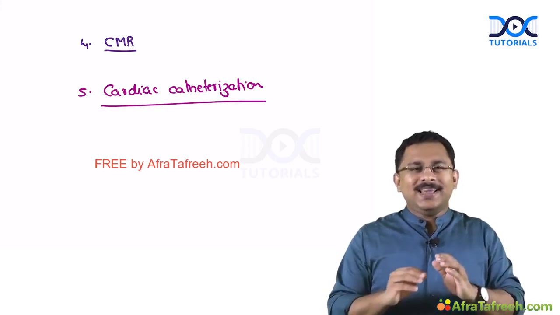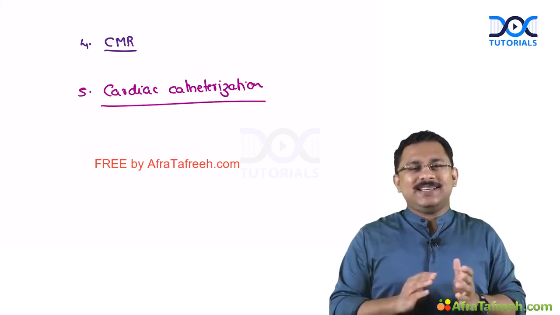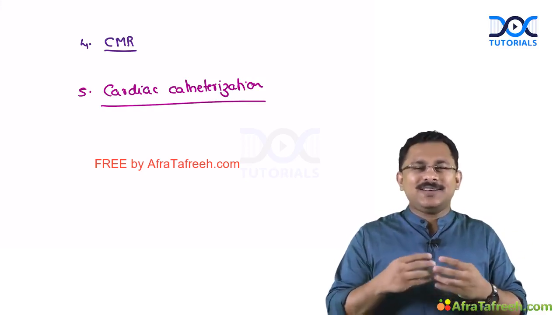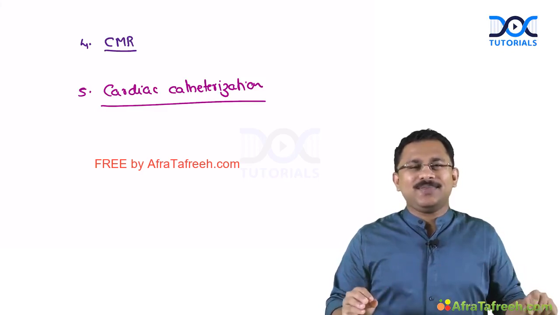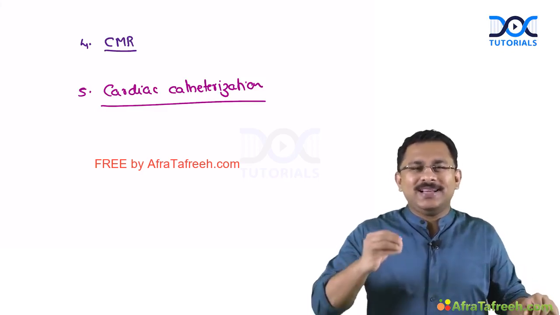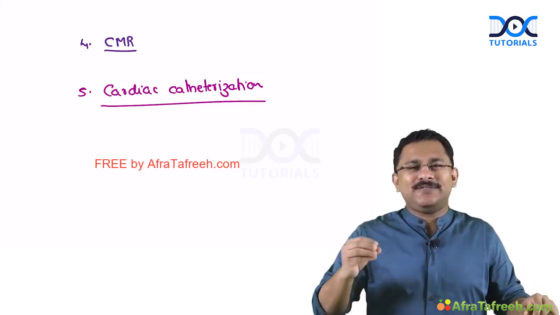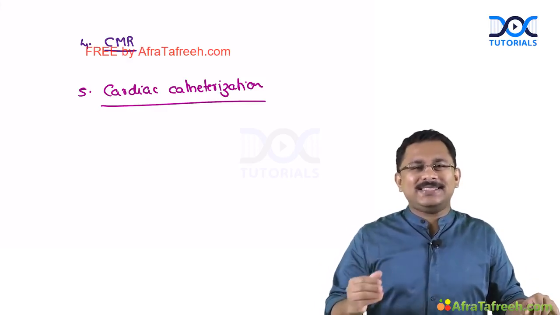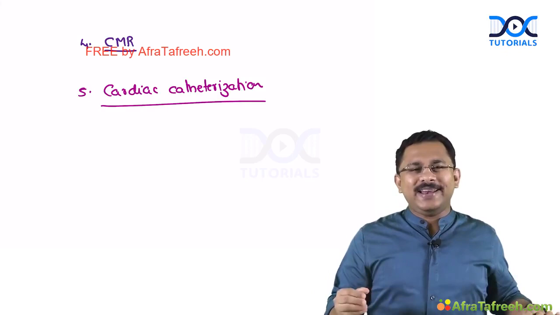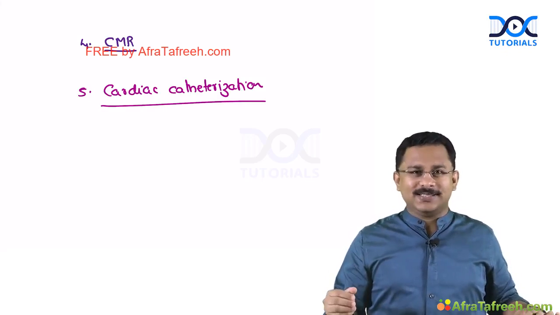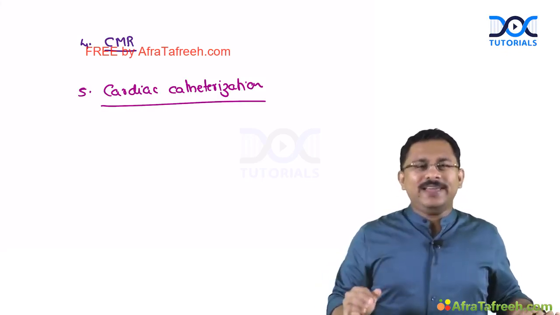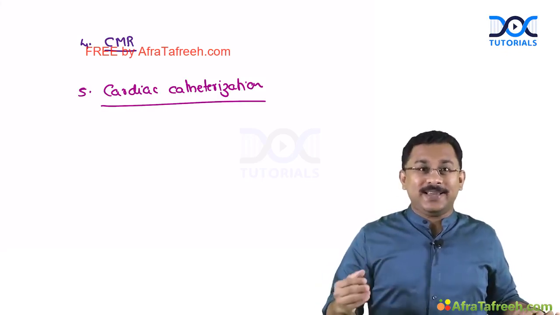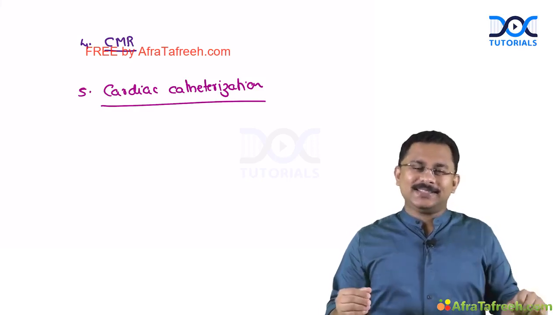But once again, if the non-invasive tests are inconclusive or there is a discrepancy between the symptoms and the non-invasive testing, that is when you might go for a cardiac catheterization, and you will get a fair idea of the severity of mitral regurgitation, the LV function, and also the need for surgery. So this is how you will evaluate a case of suspected mitral regurgitation.